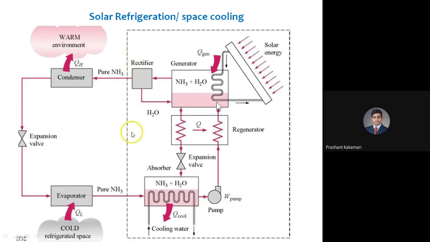Before entering the generator, the regenerator of the heat exchanger will help us extract some waste energy from the regenerator to the liquid ammonia and water mixture. Then that will be supplied to the generator.